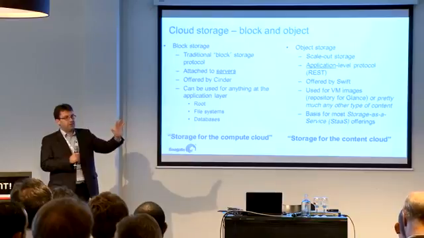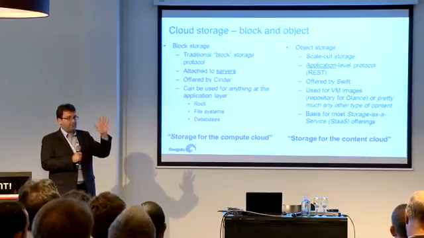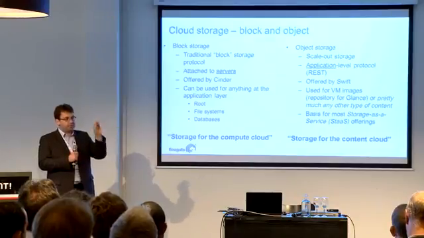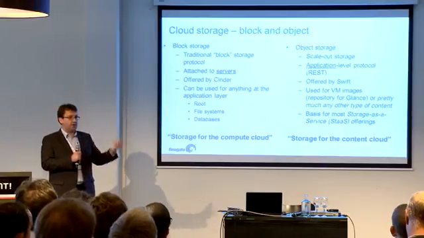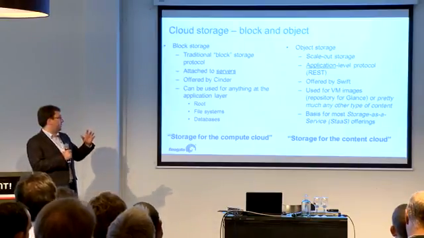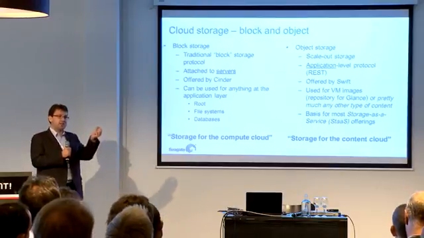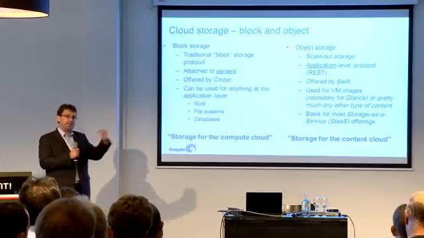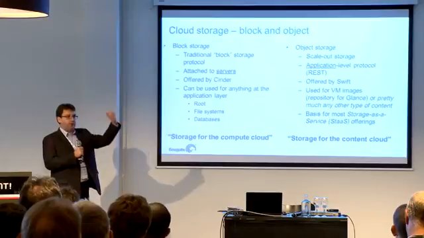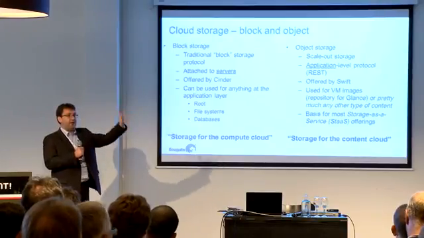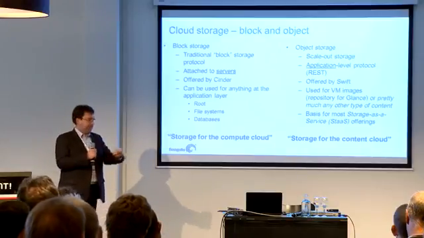That block storage can be either persistent or ephemeral, but it's block storage in pretty much the same way as traditional SANs, where it's offered up via iSCSI or potentially Fibre Channel as well. But it's more or less traditional storage that attaches to servers. It doesn't attach to applications, it attaches to servers. Then the OS has to provision that up through file systems and so on before it's usable within the application space. And that's fine, and that serves its role.